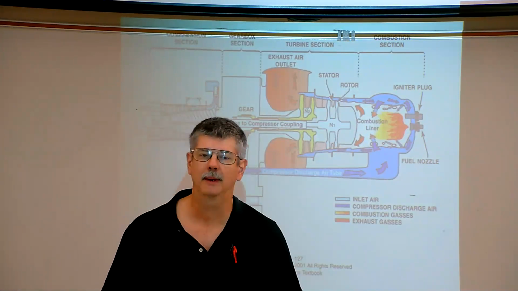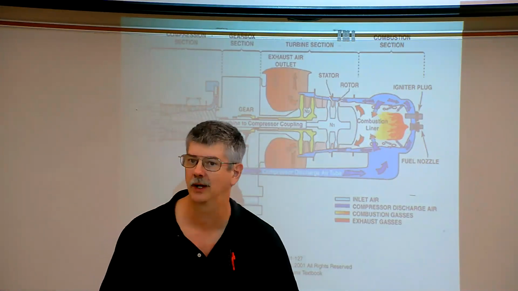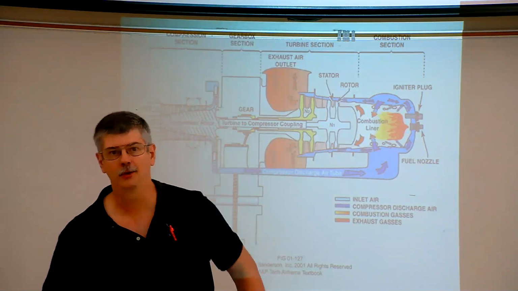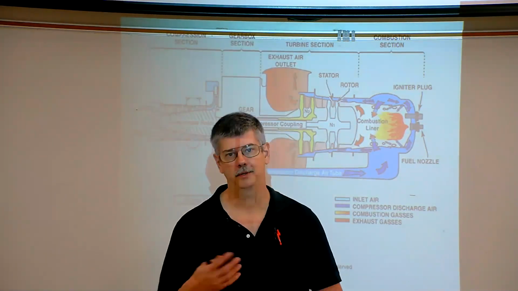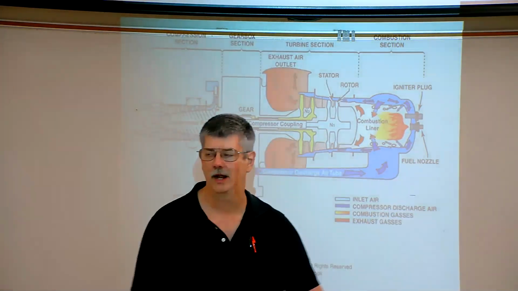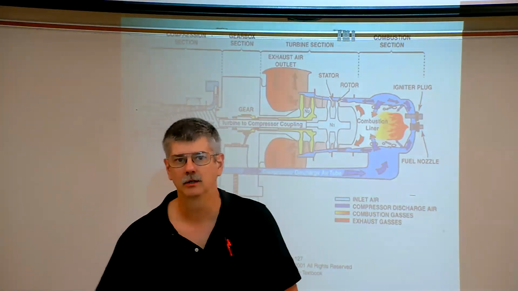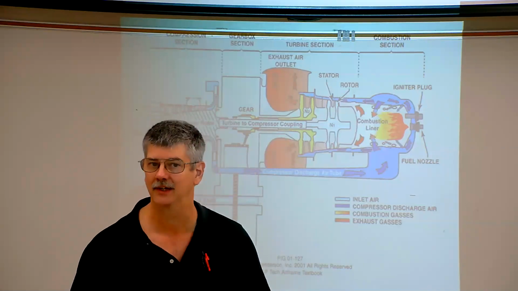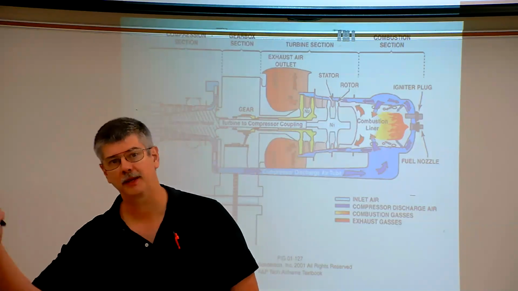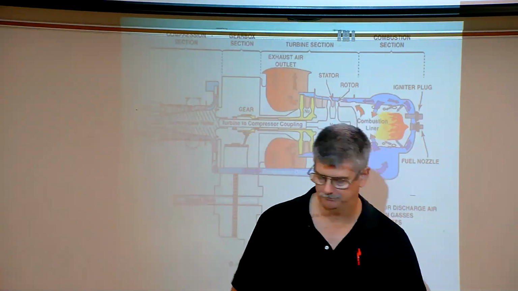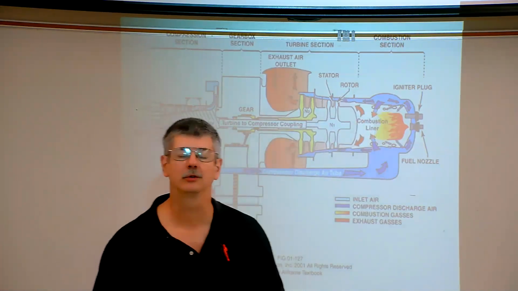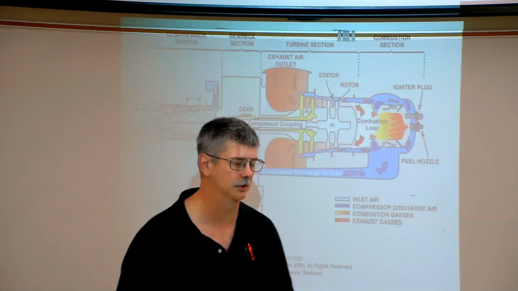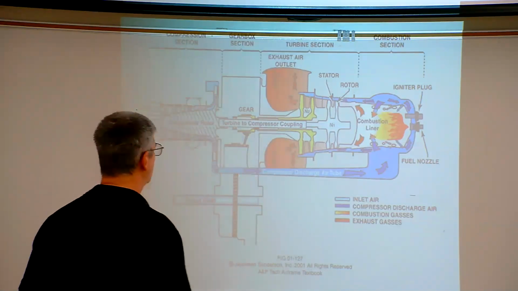Now, most turbine engines, like for fixed wing aircraft, take air in, heat it up by the combustion process, and send it out back at a much greater velocity. And so if you throw something back, you go forward. Well, in a helicopter, we need to convert this into rotational motion.